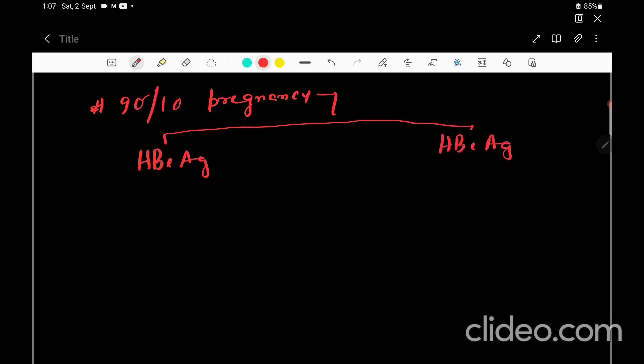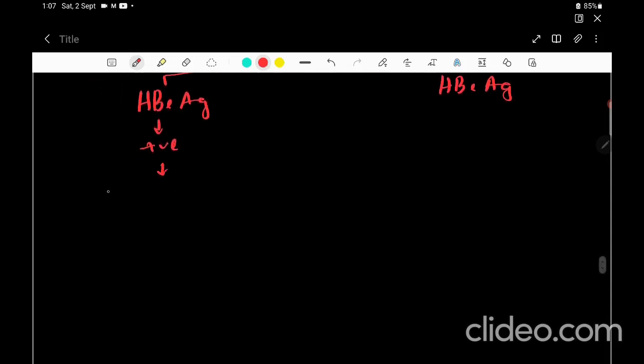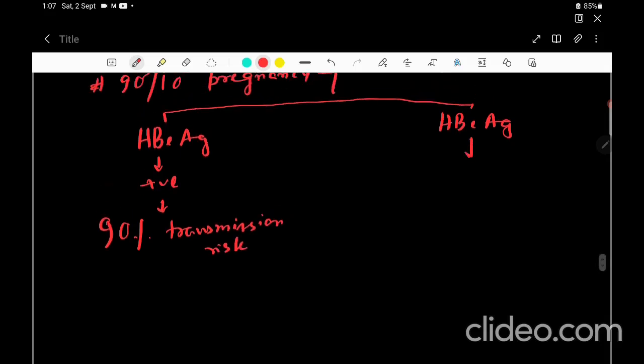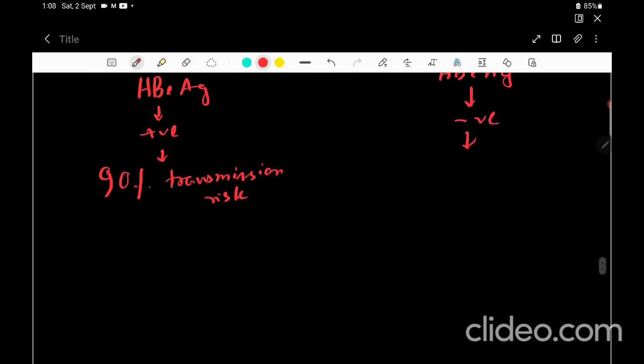If this is positive, then there is 90% transmission risk, that is vertical transmission. And if this is negative, then there is 10% transmission risk.